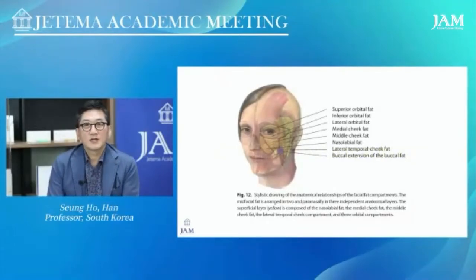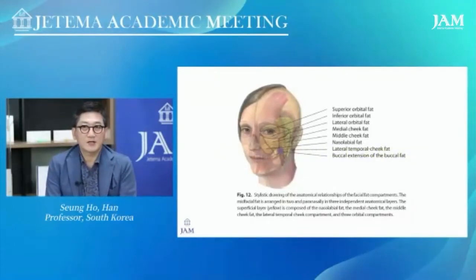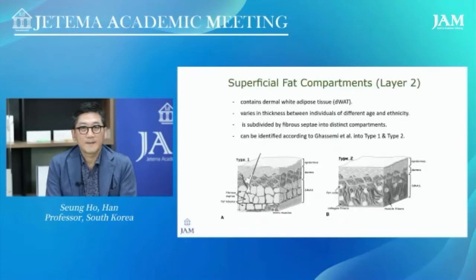Okay, layer 2. The second layer is the subcutaneous tissue, the superficial fat compartments. This layer has a hypertrophic process with aging in general. We can divide it into 2 types with different composition of this layer. Especially type 2 has more collagen fiber and relatively tight structures. These different mechanical properties between the 2 types make the skin crease more easily.